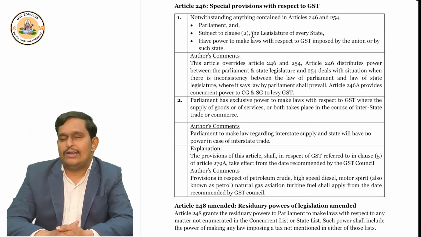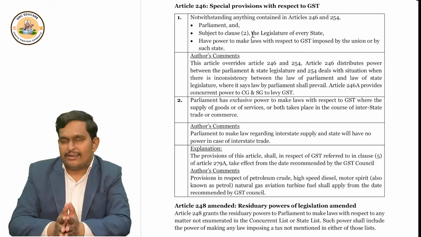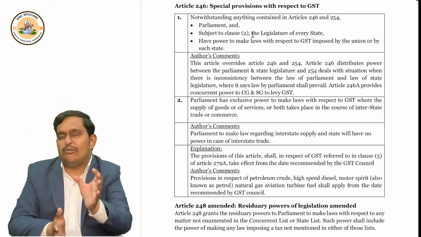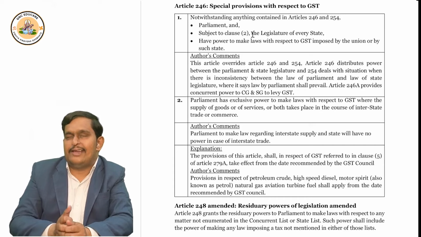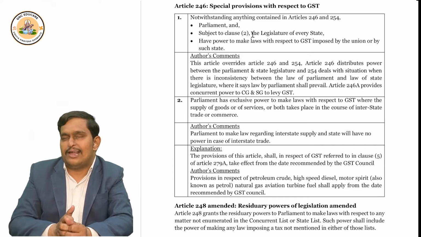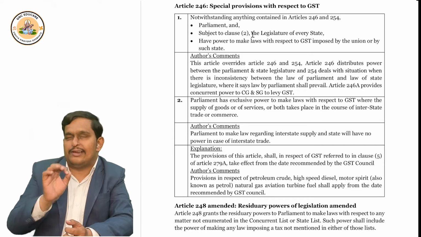But what happened? I'll tell you. Central government, state government, all ministers together made one council. We call it the GST Council. What will we call it? GST Council. In lecture 4, we'll discuss it in detail.